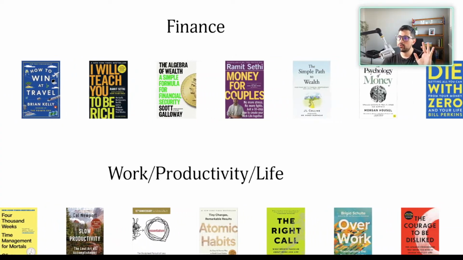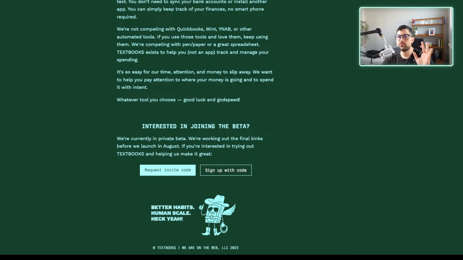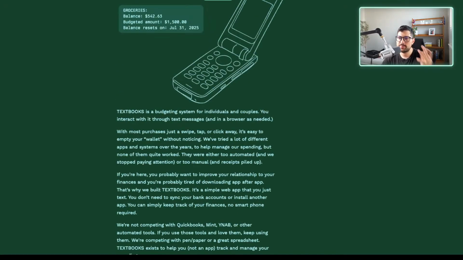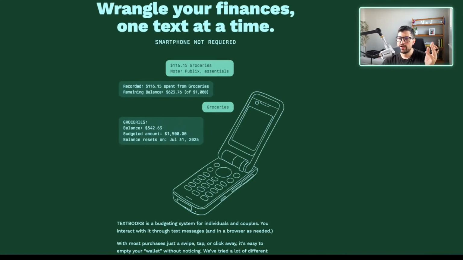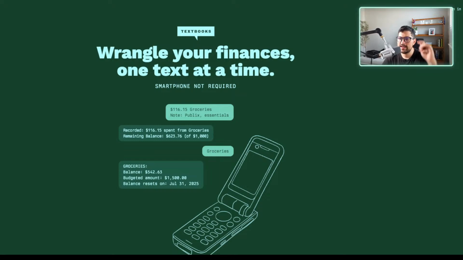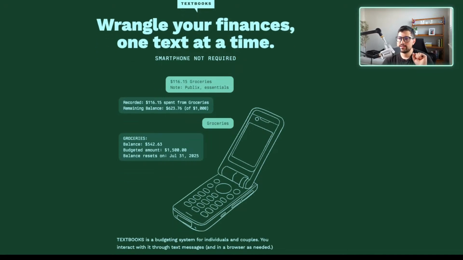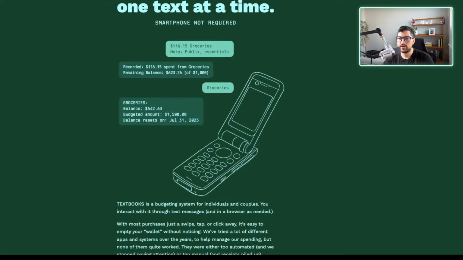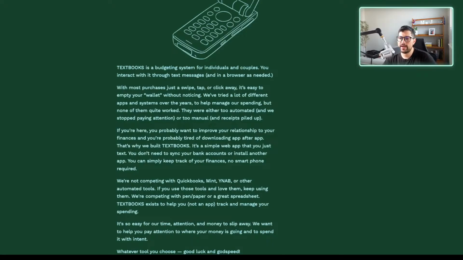But for those of you who try to keep a budget a little more granular and you don't want to overspend on certain areas, then you have the ability to create this. I am still testing it, so I will show you how it looks eventually. This is in beta, but I'm really excited about this because it allows you to keep tabs on your budget without the need of a fancy app or all of those automated tools.